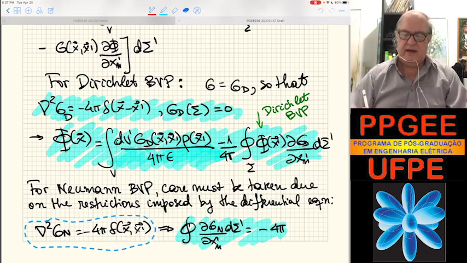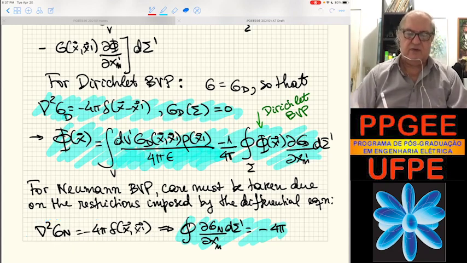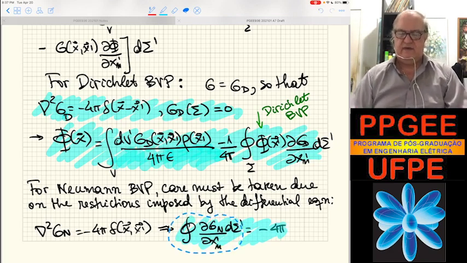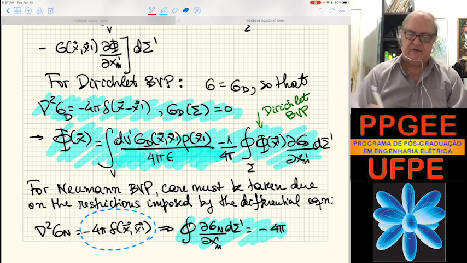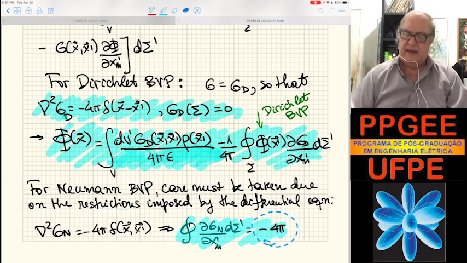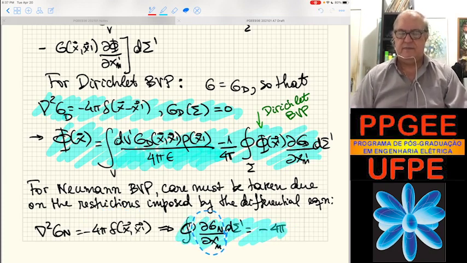And if we integrate on the volume using Gauss's law, as we did before, we're going to have as a result that the integral over the surface of the normal derivative of G, when you do the volume integral, is going to be minus 4 pi. In other words, there's no way I can make the normal derivative of G 0.